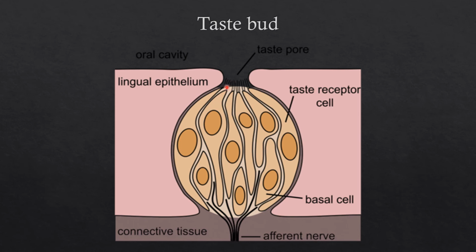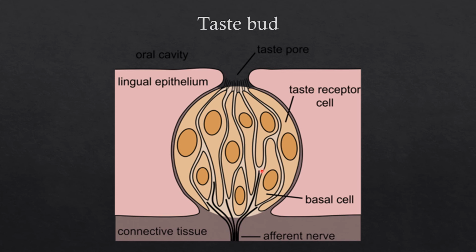These microvilli are also called taste hairs, which extend into and protrude through the taste pore. Then, these sustentacular cells support the receptor cells, and they also secrete amorphous dense material at the taste pore.